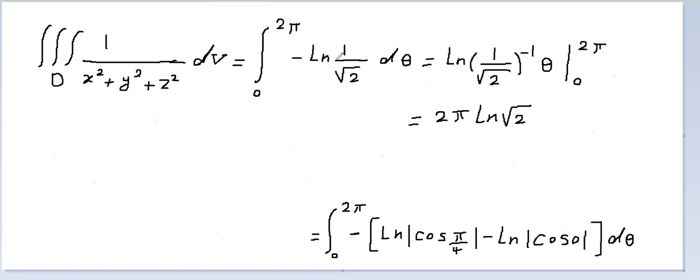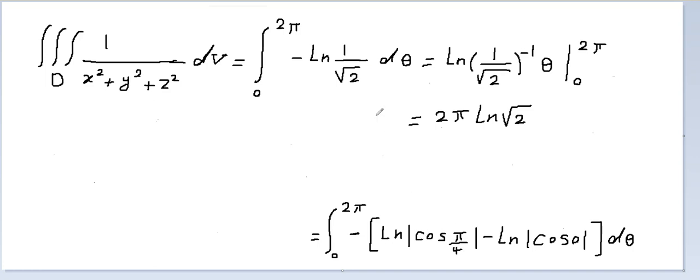Cosine pi over 4 is 1 over the square root of 2, and it's positive, so we don't have to put the absolute value.